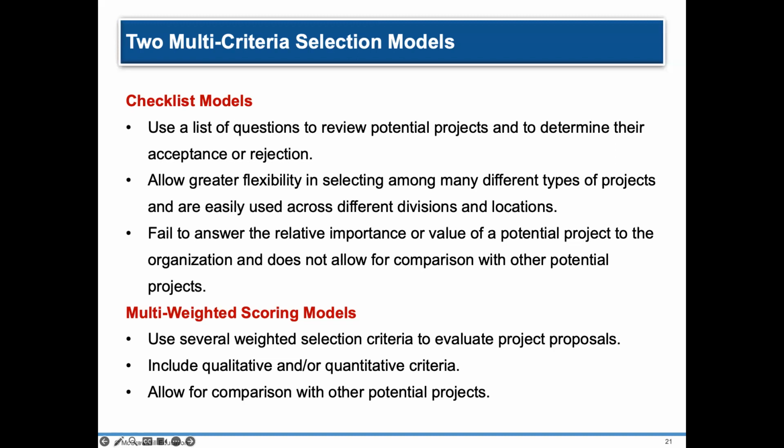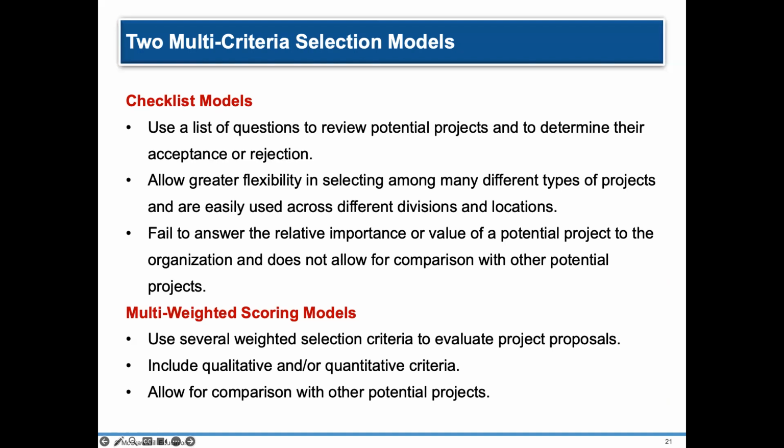You would have to review all of the potential projects and ask a series of questions, which allows for greater flexibility in the project selection because it does not limit you from income generating projects or from doing projects that do not yield financial benefits.